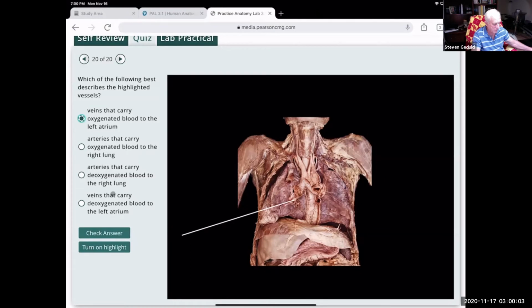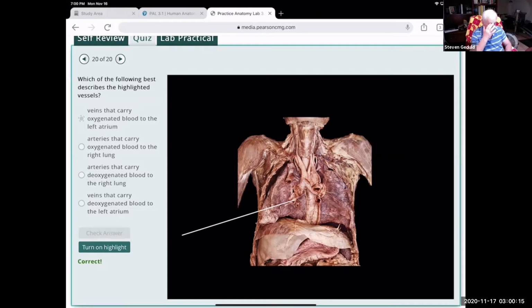It's a vein that carries deoxygenated blood. No. So it has to be the first one, right? Glad we agreed. Yeah, it looks like a vein or a bronchus. It's not an artery. The pulmonary veins carry oxygenated blood because they receive blood from the lungs back to the left atrium to pump to the ventricle to go to the rest of the body.